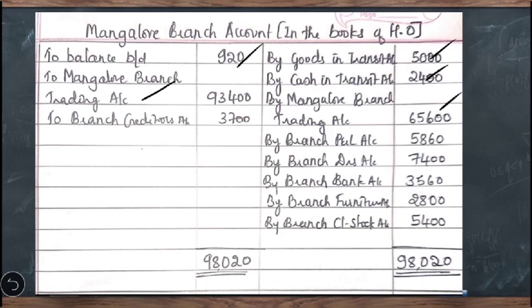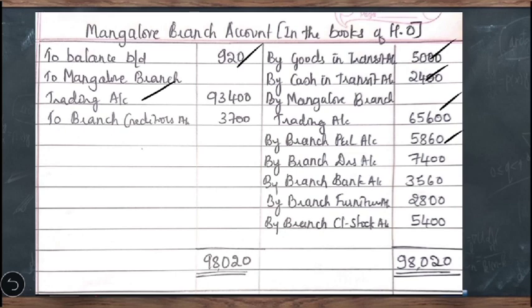Okay. Then the next incorporation entry was for incorporating the debit items of branch profit and loss account. There we had written the entry branch profit and loss account debit to branch account. So here we have to write by branch profit and loss account 5,860. There were no credit items to be incorporated, so we had skipped that entry. Okay.